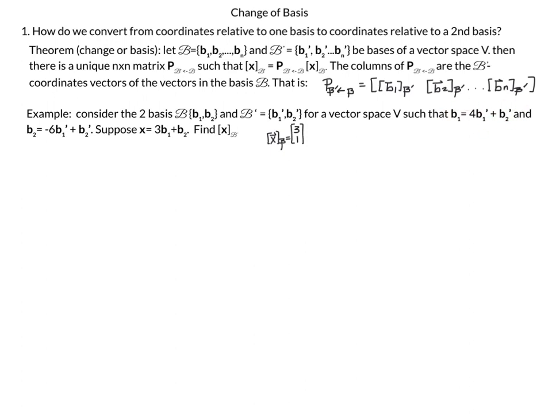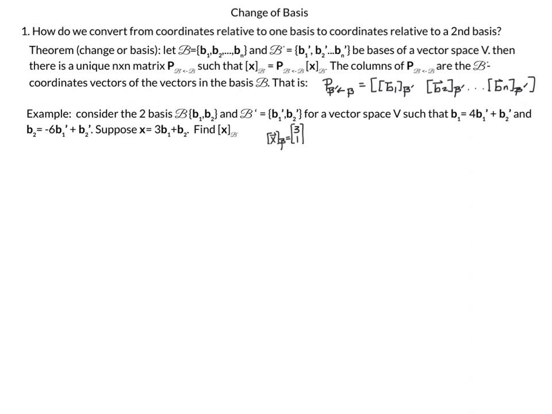We know we can do this because B prime is a basis, so any vector can be written as a linear combination of its basis vectors. Second, we can write b2 as a linear combination of our B prime basis vectors, and we find that it's equal to minus 6b1 prime plus b2 prime. And when I say we find, I mean it's given to us.